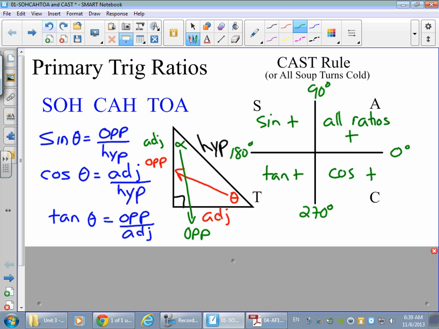Anything between 180 and 270, tan is positive only, and anything between 270 and 360 will give us cosine positive. Going the opposite direction is also possible. If we're talking about an angle between 0 and negative 90, cosine is positive. Anything between negative 90 and negative 180, tan is positive, and so on around as well.